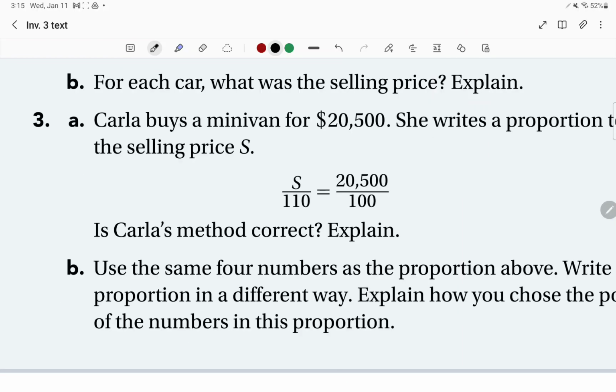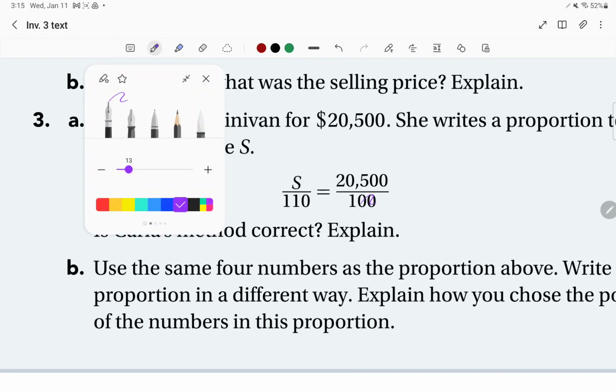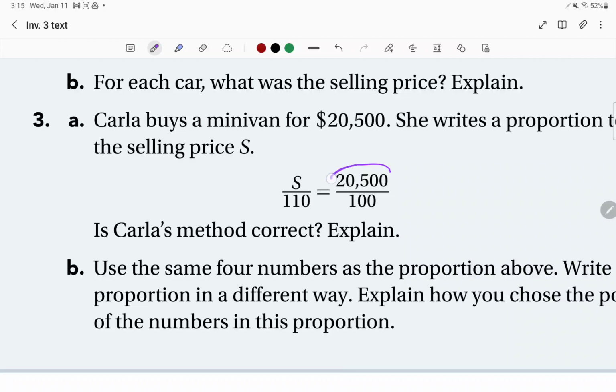All right, so if you look at this proportion, this is actually accurate. And so let's split this up a little bit. So if you look at this side, the right side, this is her buying price, right? Which is represented by the 100%. Now, her selling price, she wants to increase it by 10%.